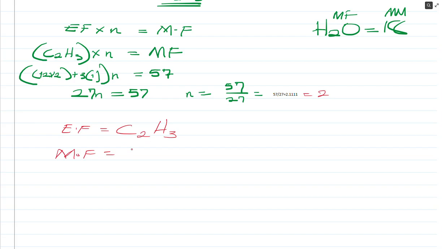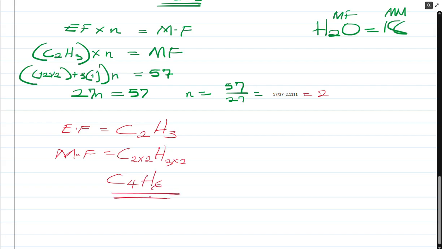So 2 times 2 is C4, 3 times 2 is H6. C4H6. This is the molecular formula. The one on top is the empirical formula. So you can look at it and then use it to answer the question.